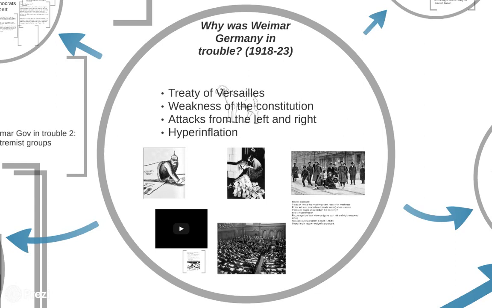So that's how you link this weakness of constitution. The Treaty of Versailles is a more significant cause than the weakness of the constitution, because it exacerbated the difficulties of running Germany under proportional representation.